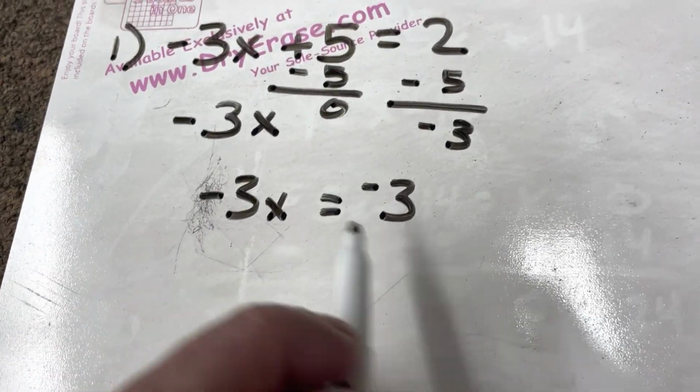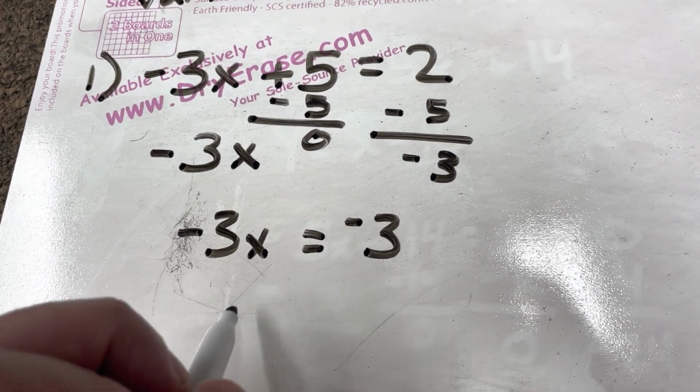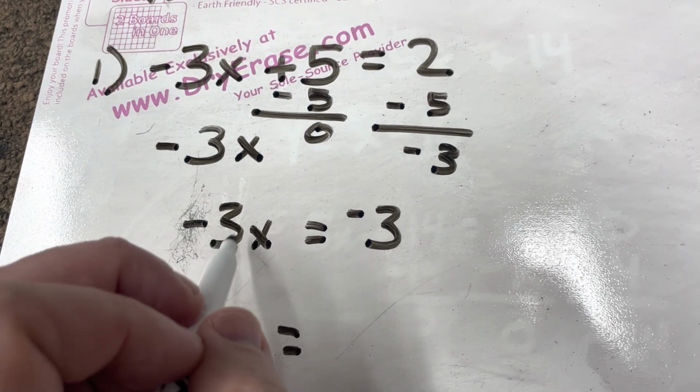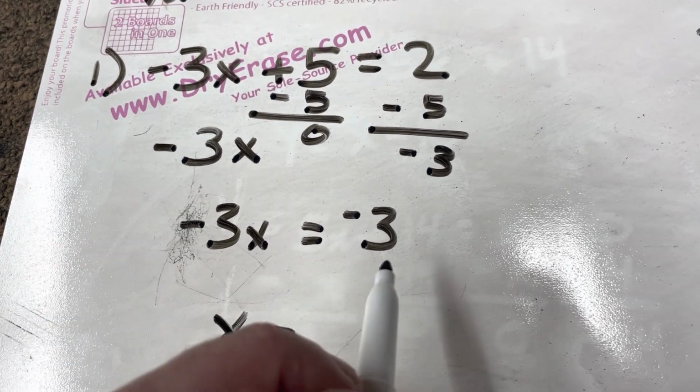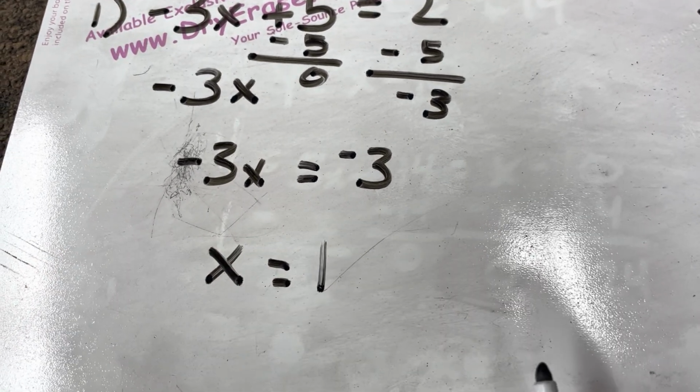Now I just solve for x. Now it looks like a multiplication equation that I know how to solve. To isolate x, I'm going to divide everything by negative 3. Negative 3 divided by negative 3, x equals 1.